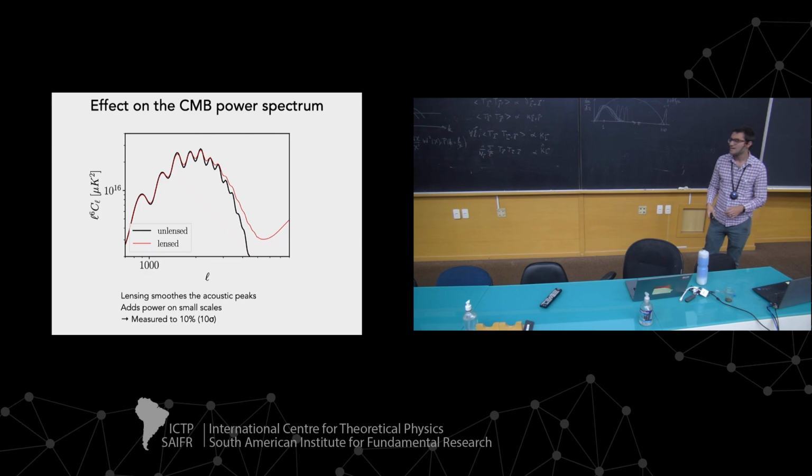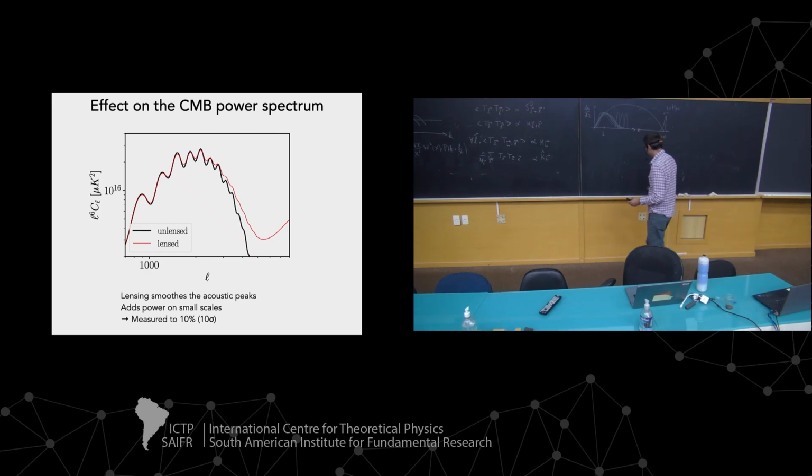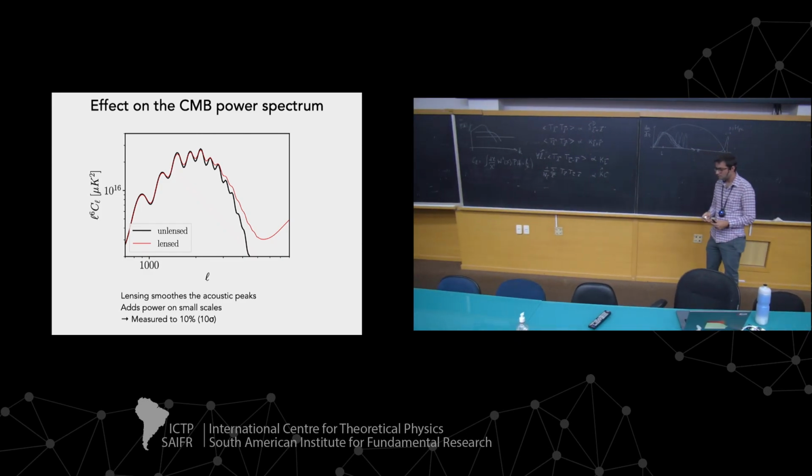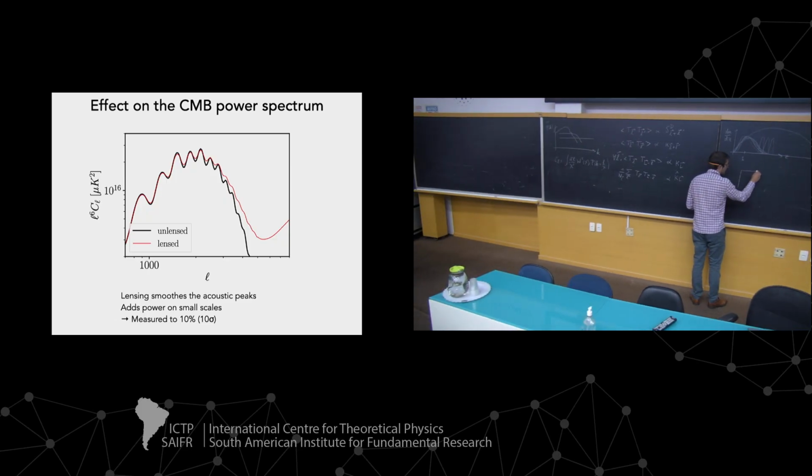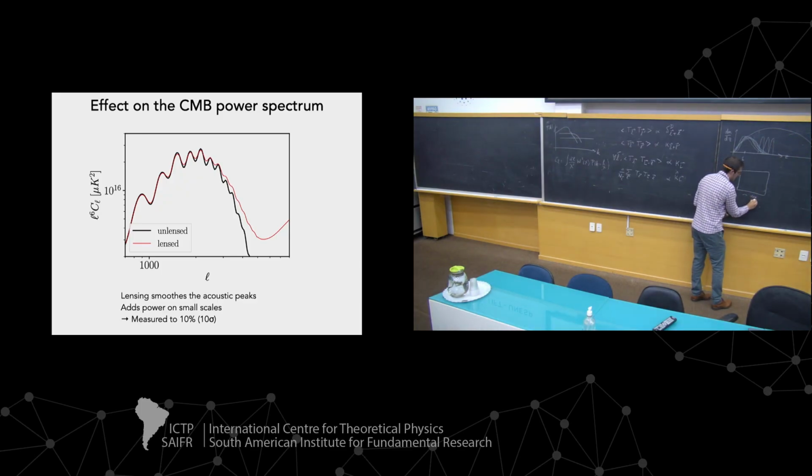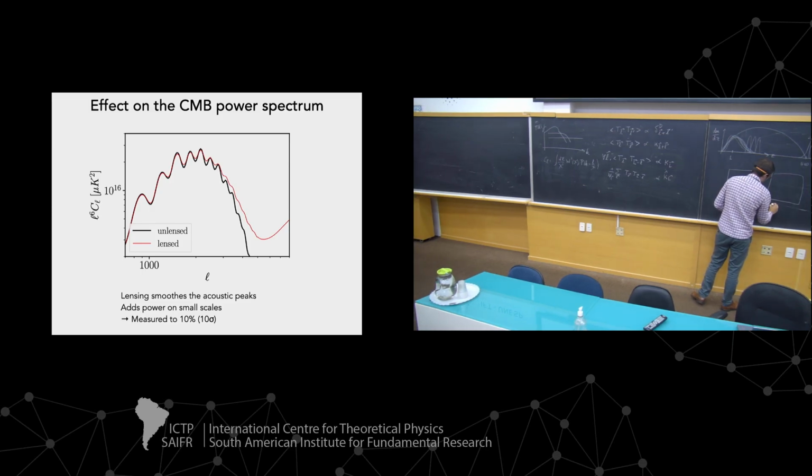Yeah, the wiggles at small L. Okay. So one simple way to think about it is, imagine that I have two patches of the sky that are several degrees on the side. The difference between those two patches is that this one has a positive convergence, which means the image has been stretched out, and this one has a negative convergence.